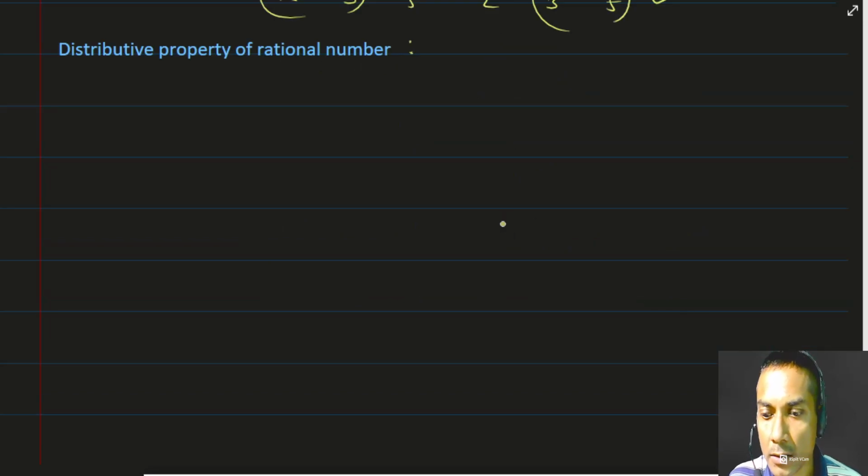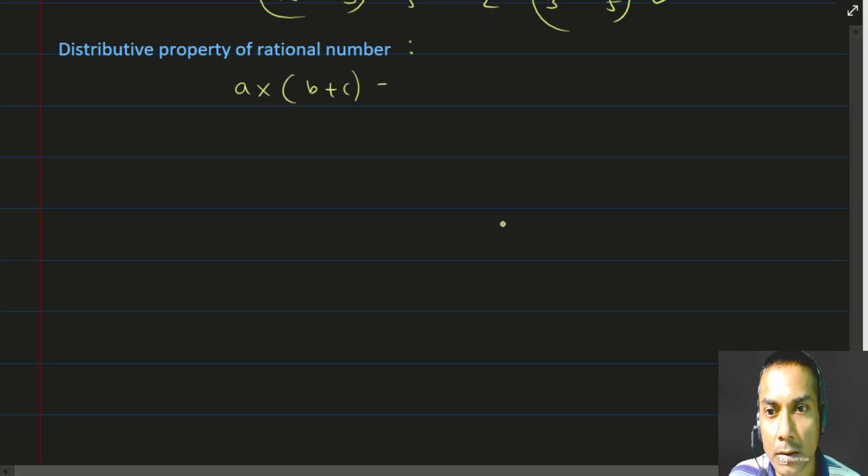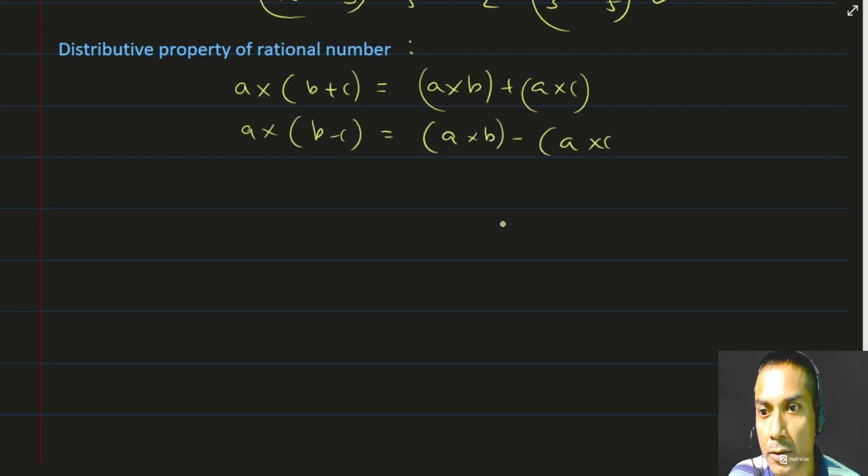Now we learn the distributive property of the rational numbers. It is like that a into (b plus c) is equal to a into b plus a into c. Clear? And also a into (b minus c) equals a into b minus a into c.